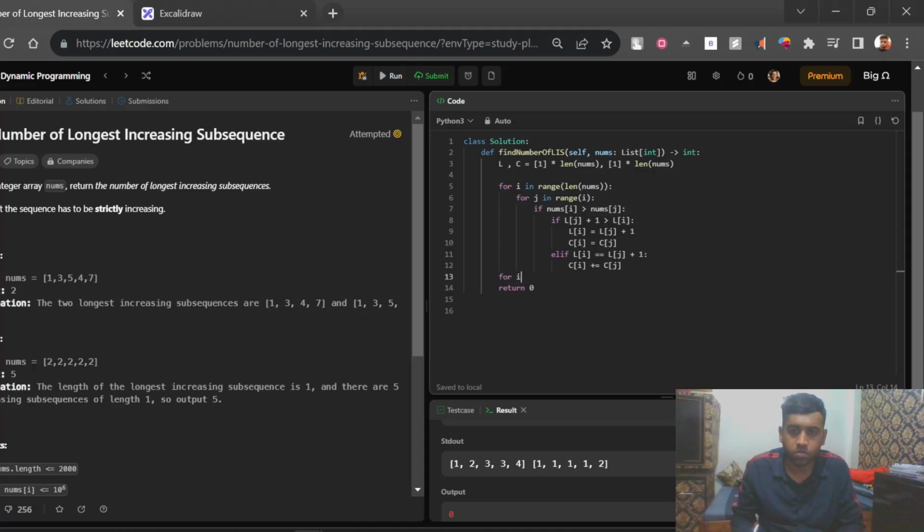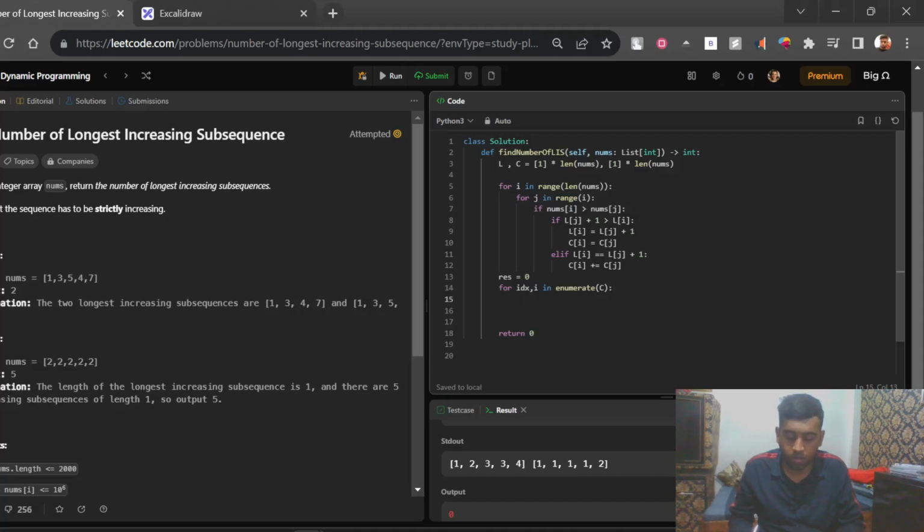So we'll just run a loop now for I, enumerate C, and the rest is the answer that we will be returning, enumerate idx components.